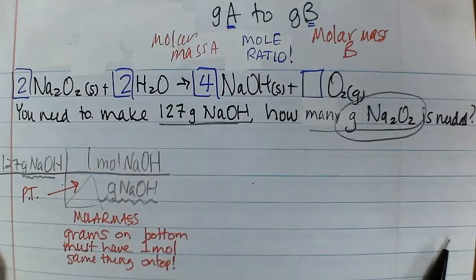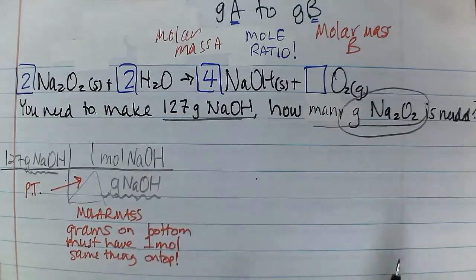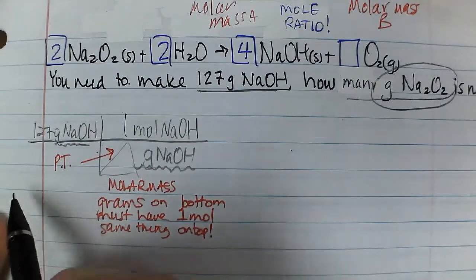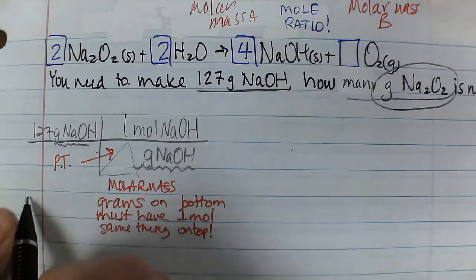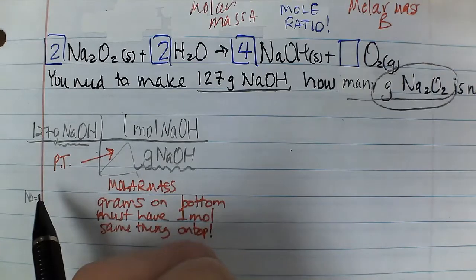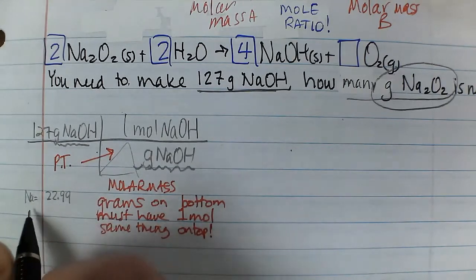I use the shape of the triangle to help you remember that. So then I am going to do my scratch work for this right underneath here. So I've got 1 sodium, which is, from my periodic table, 22.99, that's the mass of sodium.